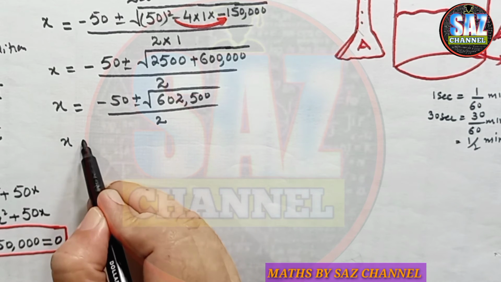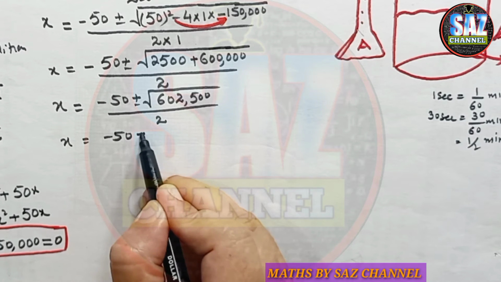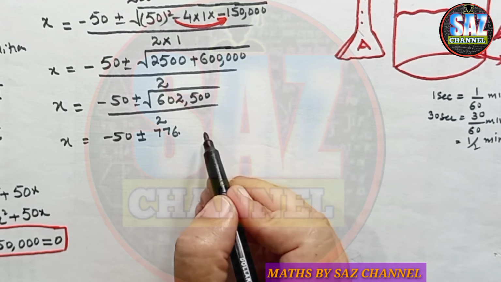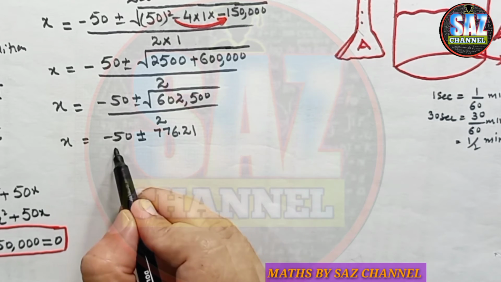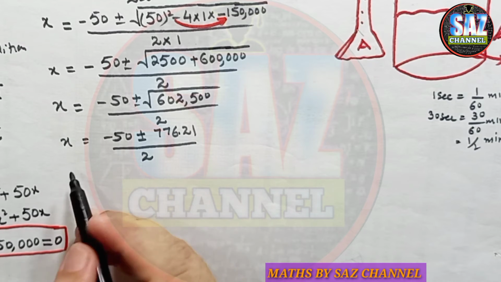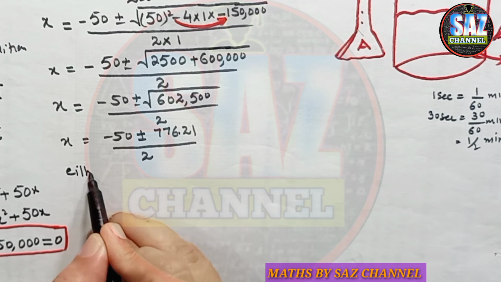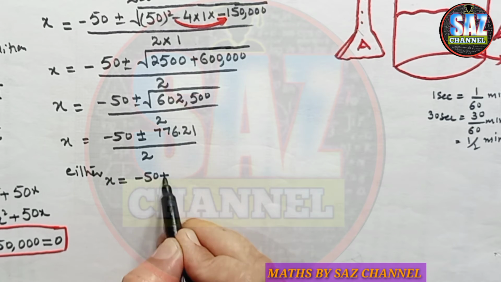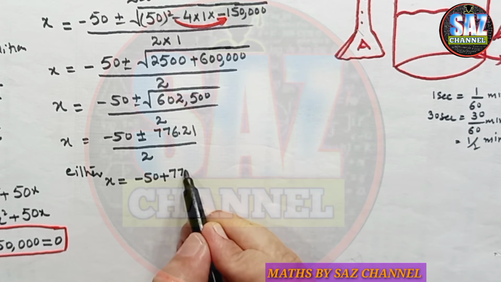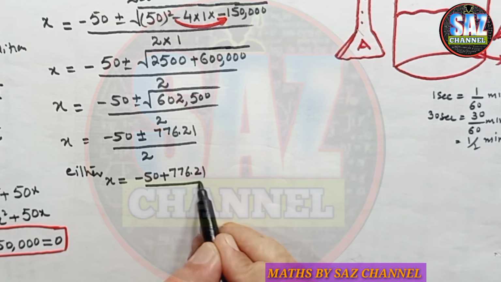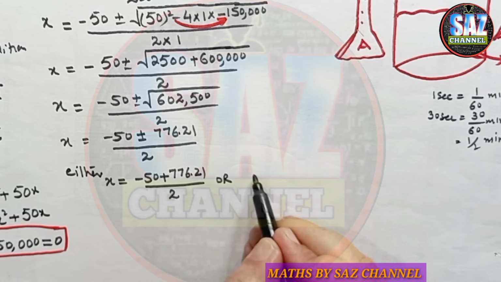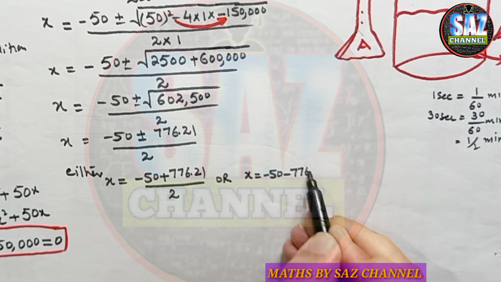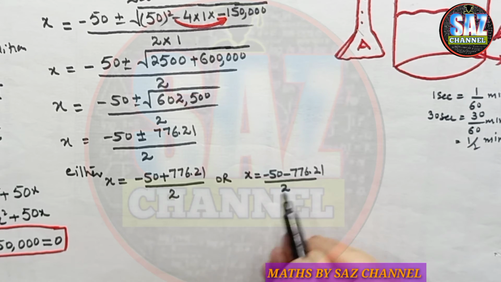X equals minus 50 plus minus 776.21, upon 2. Now, in order to solve this equation, apply either condition: either x will be equal to minus 50 plus 776.21 upon 2, or x will be equal to minus 50 minus 776.21 upon 2.